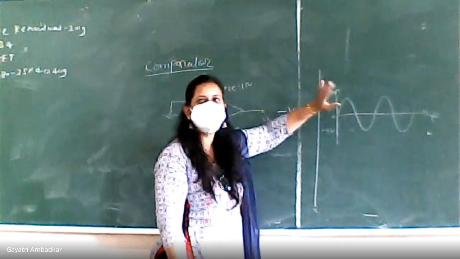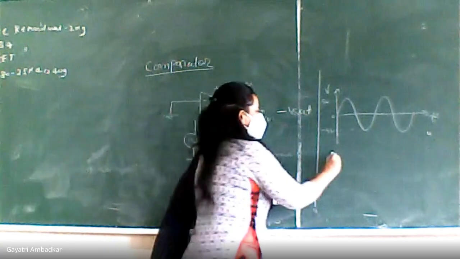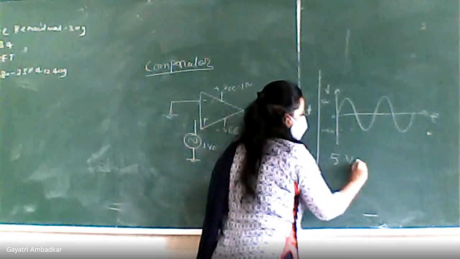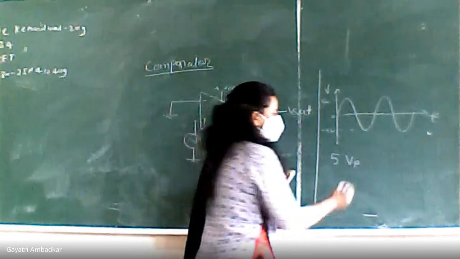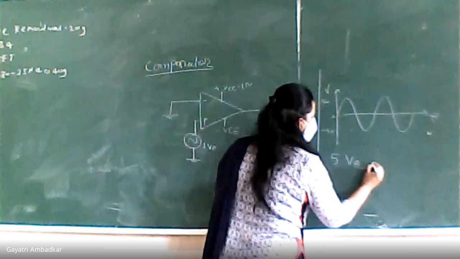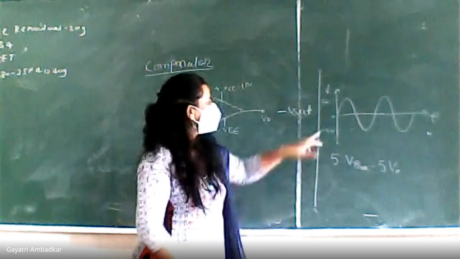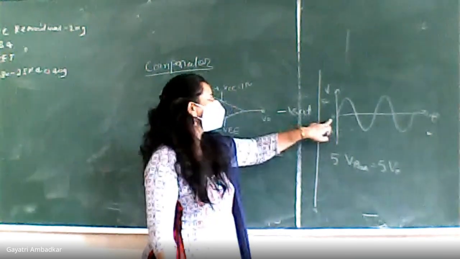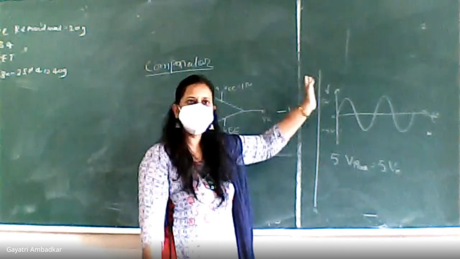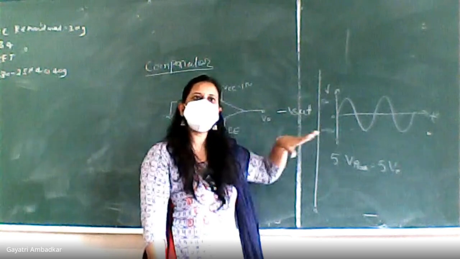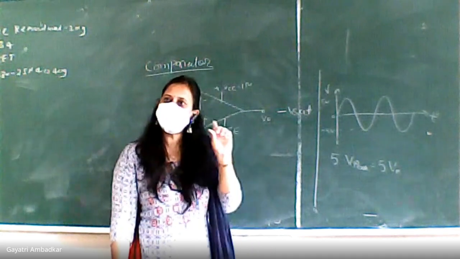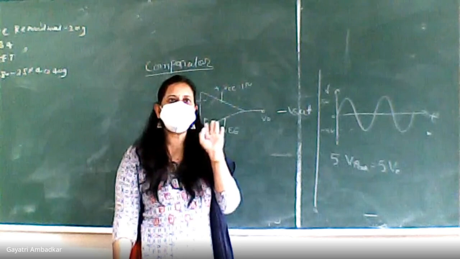I will say 5 volt peak, 5 VP. So from 0 to the positive peak it is 5, or from 0 to the negative peak it is minus 5. So peak is 5 volt.